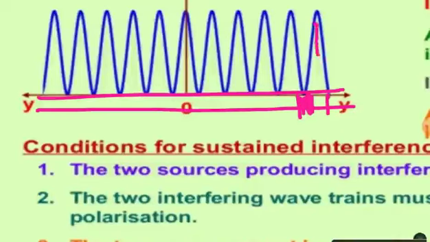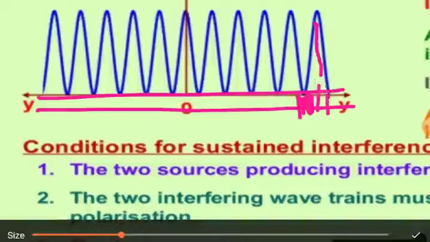This point has the highest intensity, so it will be bright, but this one has intensity 0, so it will be dark.